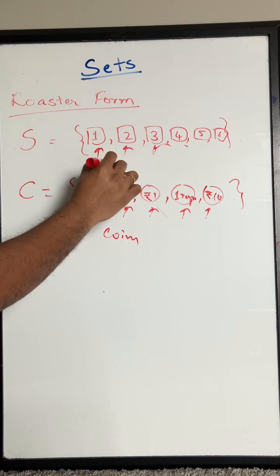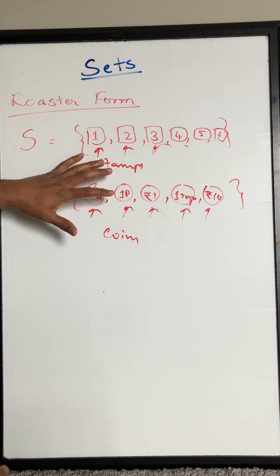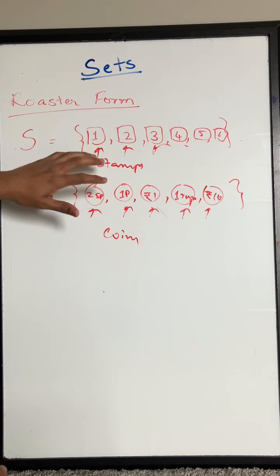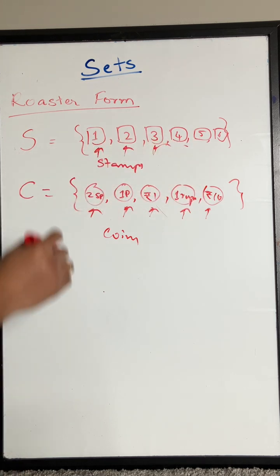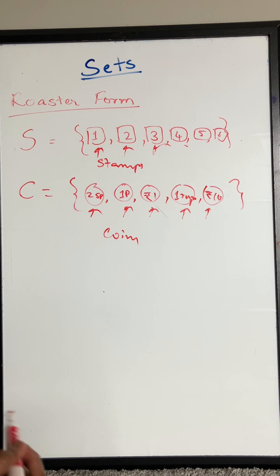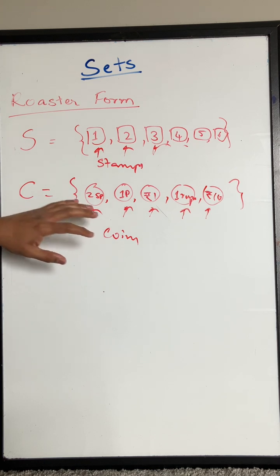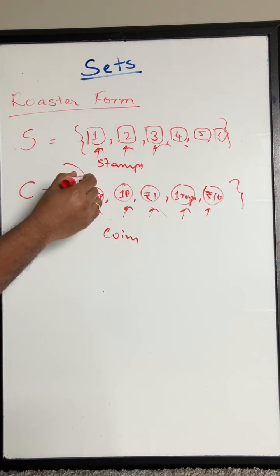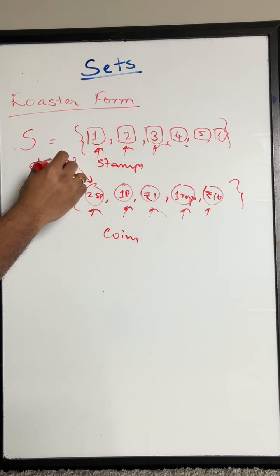In mathematical terms, we gave a name: element. Whether it is a stamp or a coin, if it is within these curly brackets, we call it an element. It could be a stamp, a coin, a number, or anything, even toothpaste. In mathematics, if we are writing something within curly brackets, we call it an element.